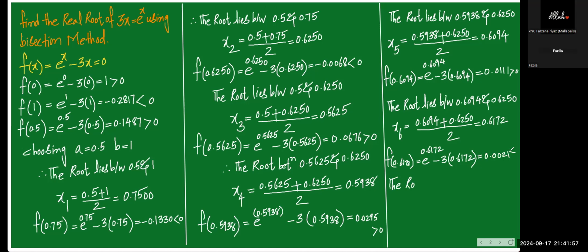Positive. Yes. The root lies between 0.6172 and 0.6250. The next, x7.